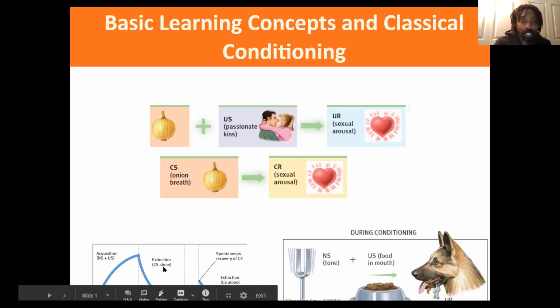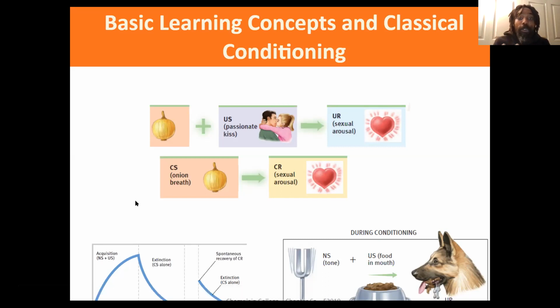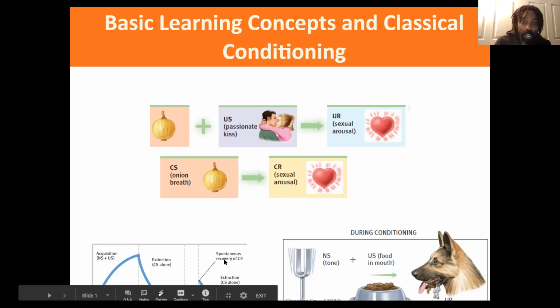Extinction is that over time, when the conditioned stimulus, in this example just the onion, is shown on its own, the conditioned response, the sexual arousal, is going to go down until eventually just showing the onion is not going to create that conditioned response of sexual arousal. Spontaneous recovery is the spontaneous recovery of that association. And then we've seen extinction here as well.